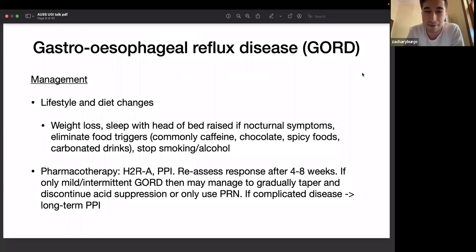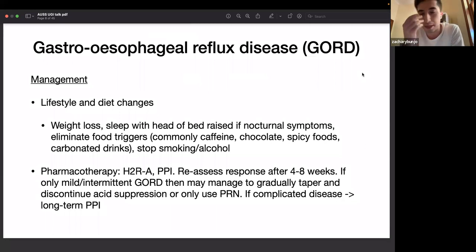If they've got pretty mild symptoms and the PPI gets on top of things well, then you can aim to gradually taper them off that PPI and only use it on an as-needed basis. Obviously, if they end up having an endoscopy and there's any inkling of complicated disease or more severe reflux, then they should be on a PPI long term.